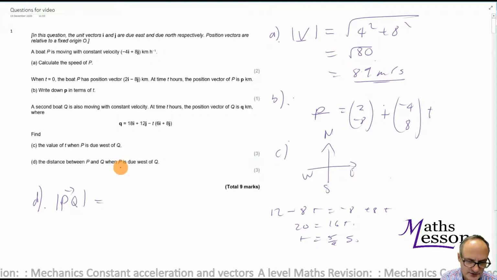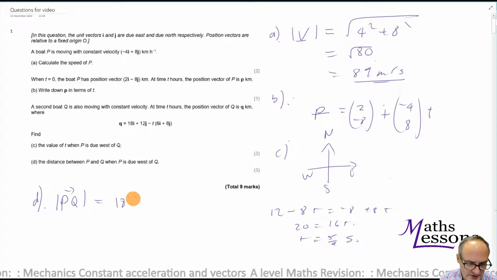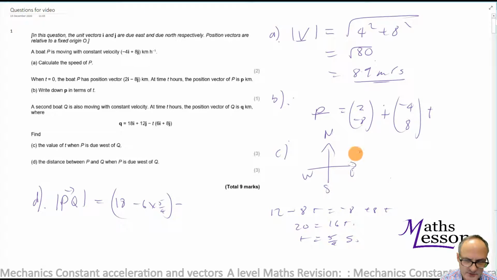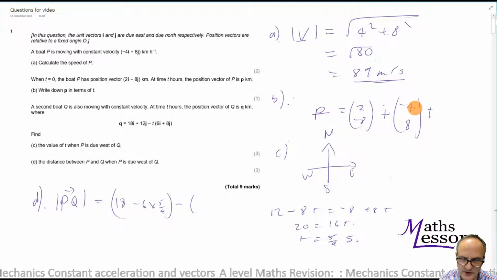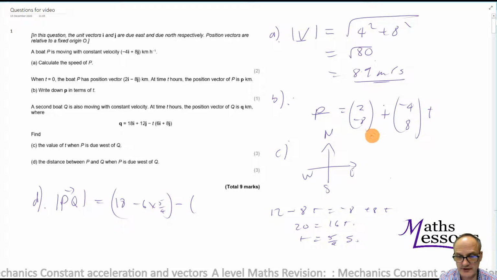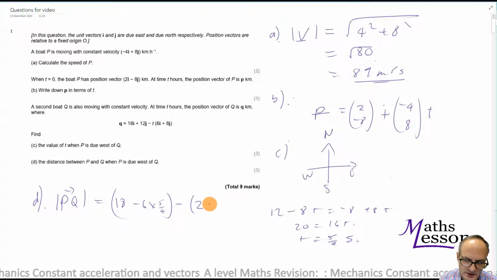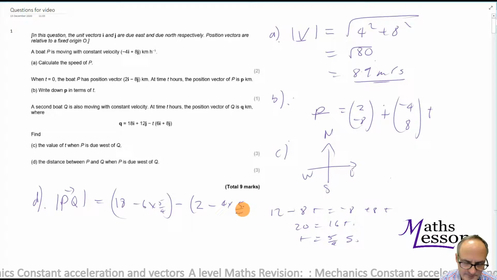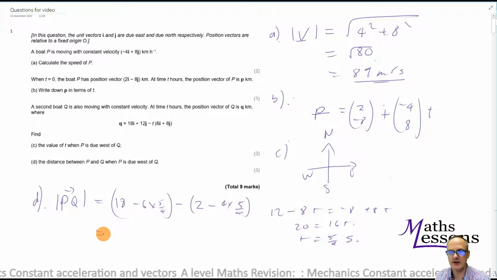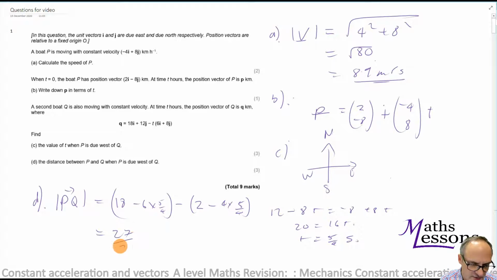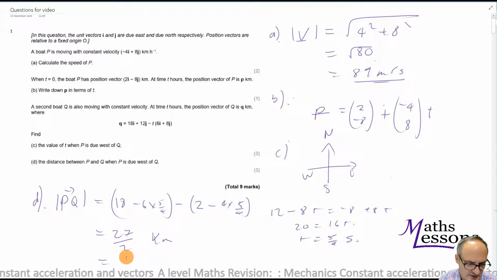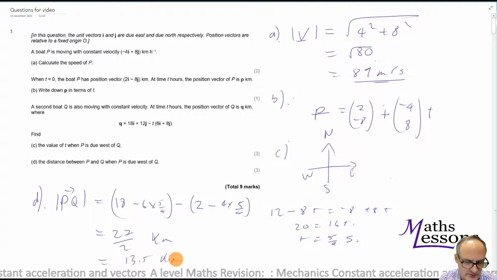So we've got the Q part, 18 minus 6 times 5/4, and we take away from that the i part of the P vector, 2 minus 4 times 5/4 again. When we work that all out, we get 27/2, and I think it's going to be in kilometers. You can write that as 13.5 if you really want to.